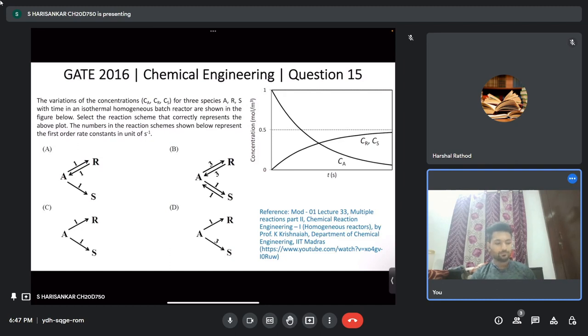So from the concentration profile we can see that the reaction is a parallel reaction, and from the options also we can understand that the reaction given here is a parallel reaction.